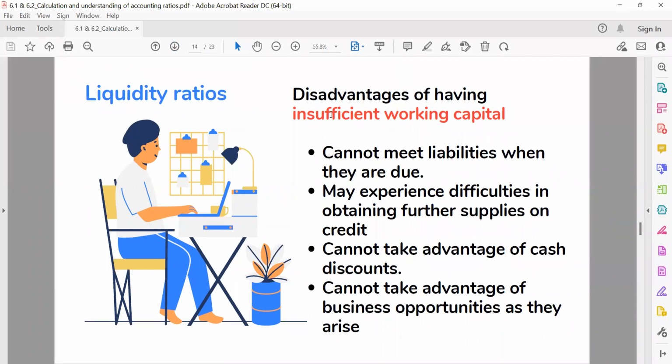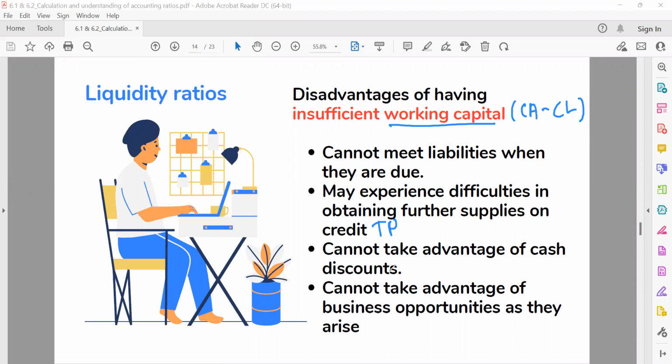Disadvantages of having insufficient working capital. Working capital is current asset minus current liability. Okay, that is called working capital. What are the problems that we will have? Cannot meet liabilities when they are due. Experience difficulty in obtaining further supply on credit, especially from the trade payable, the supplier.